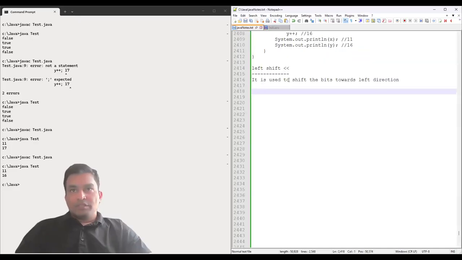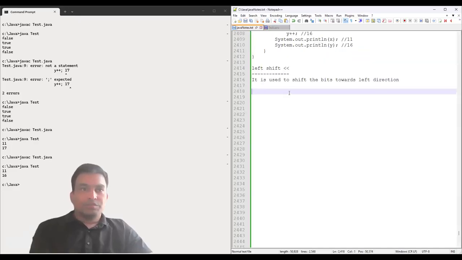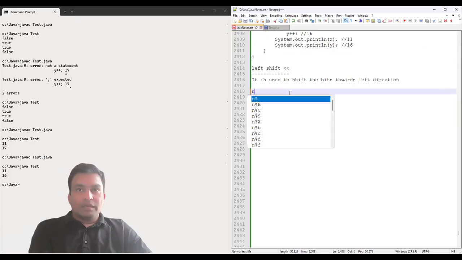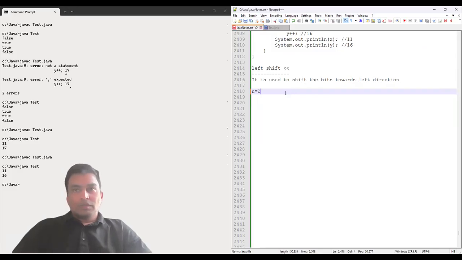For the left shift, the formula is n into 2. If it is one time, then we do n into 2 one time.